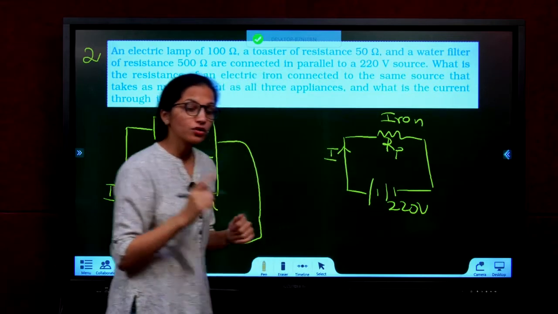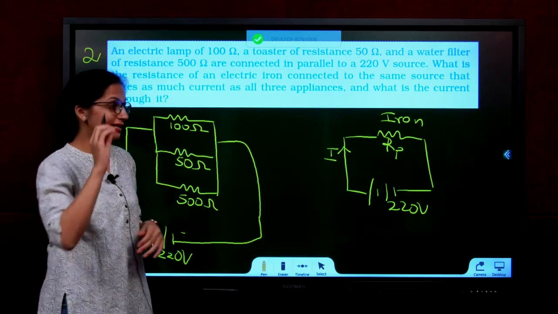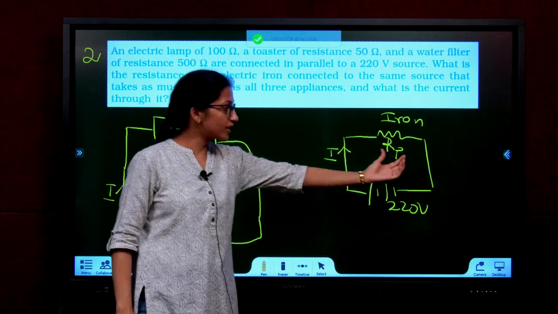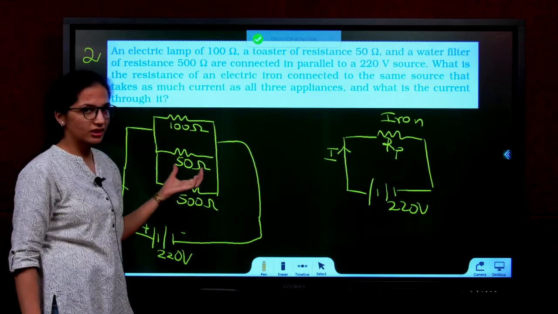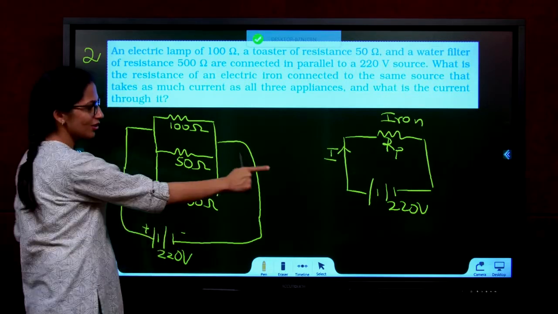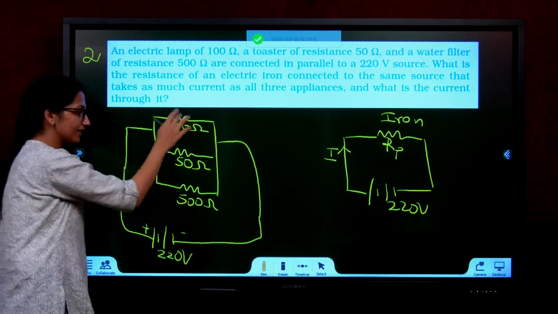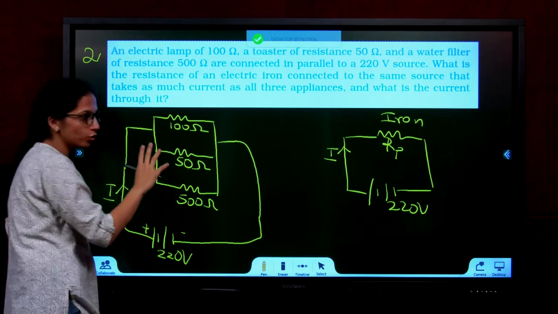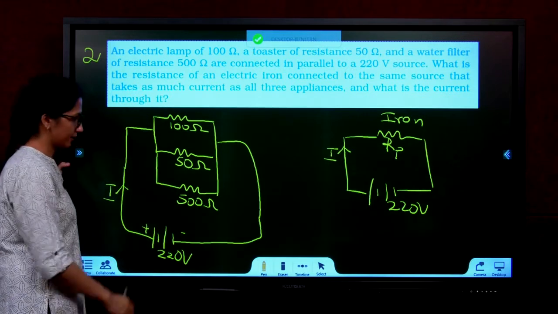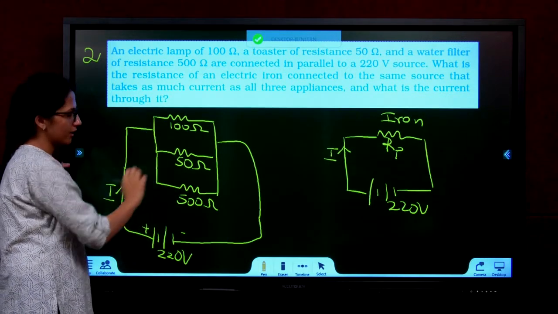Why? Because the definition of equivalent resistance is that single value of a resistor whose resistance is equivalent to all the three, with same source and same current. So I can say all these three put together is my Rp. Do you agree? Yes. So first we will find Rp, then we will find I.